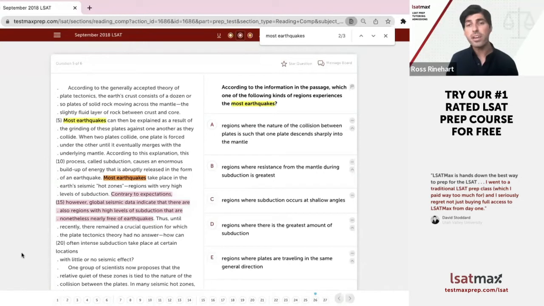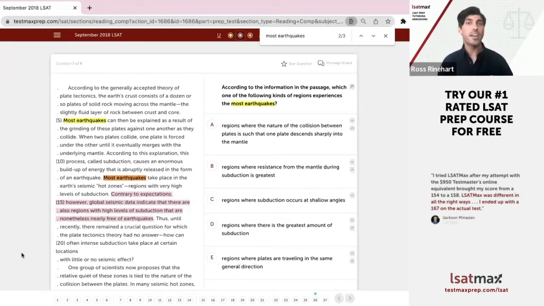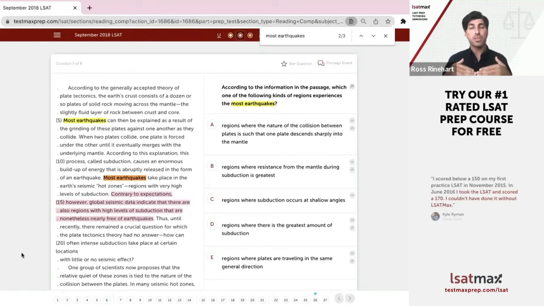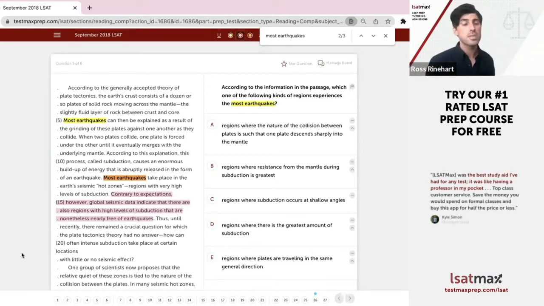Really, the main point of this passage is that the amount of subduction doesn't matter as much as the angle of the subduction. So that subduction refers to 2 plates on the Earth's mantle. One kind of goes under the other plate. That creates a lot of resistance. And sometimes that resistance gets released in the form of earthquakes.